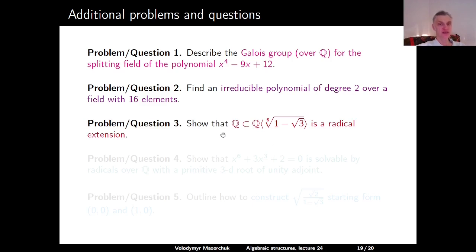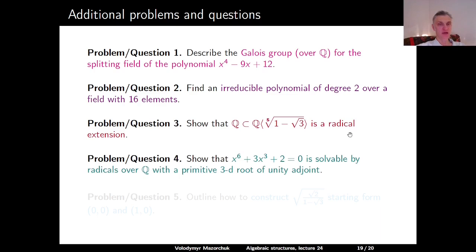Show that the extension from the rational numbers to the rational numbers with the following element adjoined, the 5th root of 1 minus the square root of 3, is a radical extension. Question 4. Show that x to the power 6 plus 3x to the power 3 plus 2 is equal to 0 is solvable by radicals over the rational numbers with the primitive third root of unity adjoined.